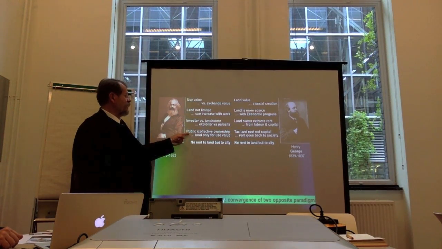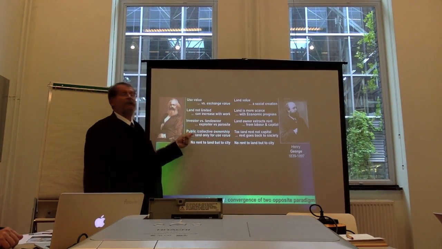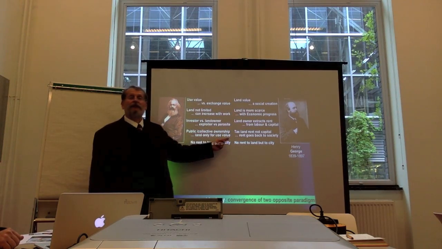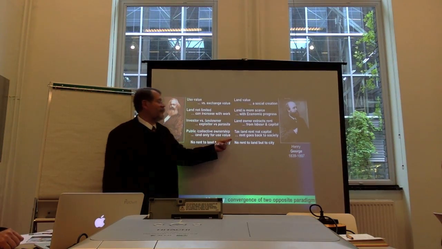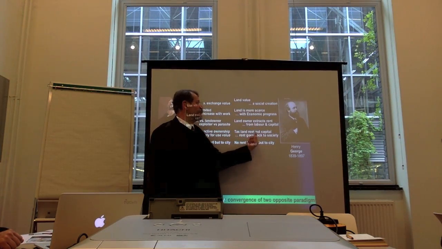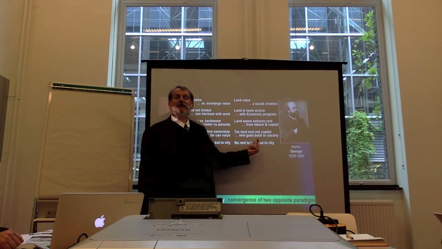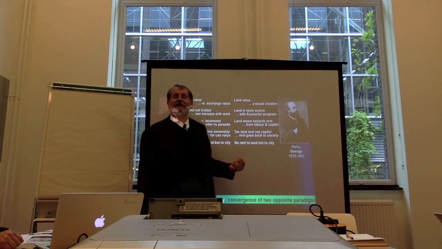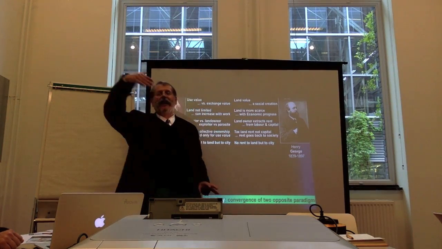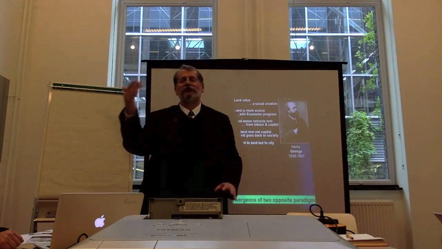Solutions. Marx said all of our land should be public or collective, and it should only have a use value, not an exchange value. Henry George said, no, my instrument is to put a tax on the landowner so high that it is equivalent to the value, so that money goes back. So you can continue being a landowner and parading yourself as a duke that owns a lot of land.